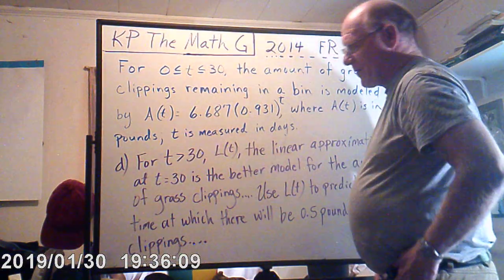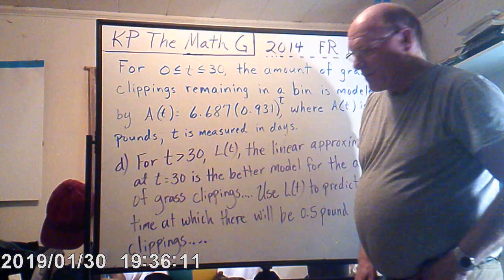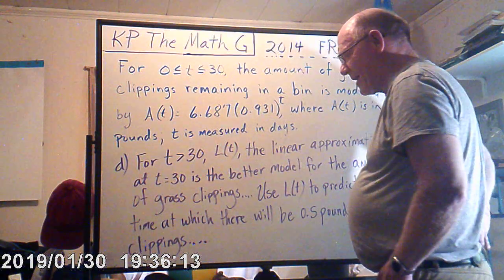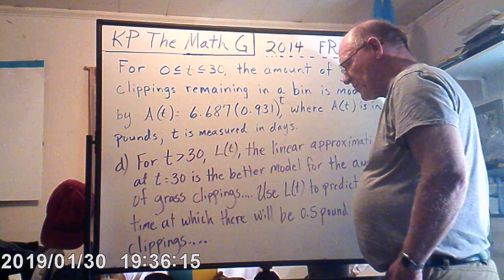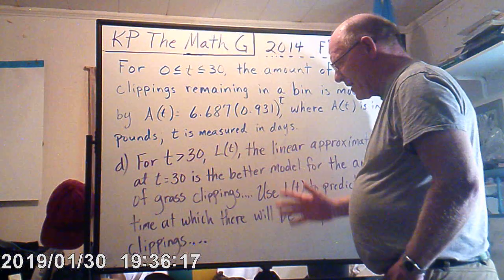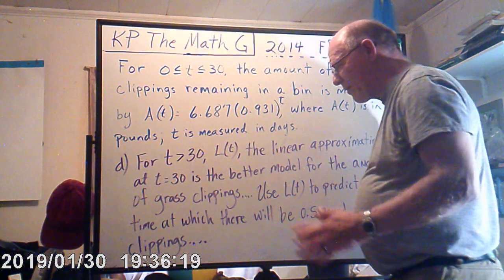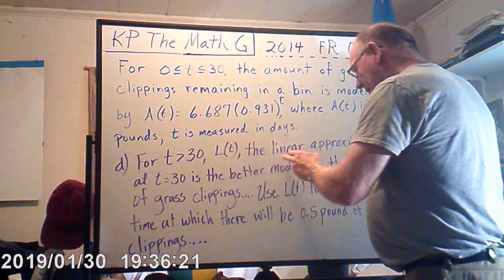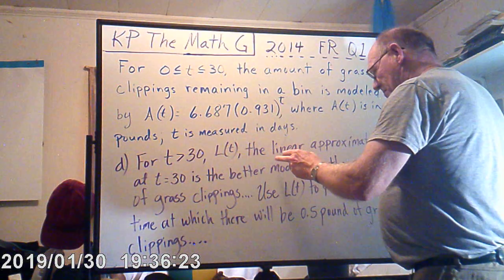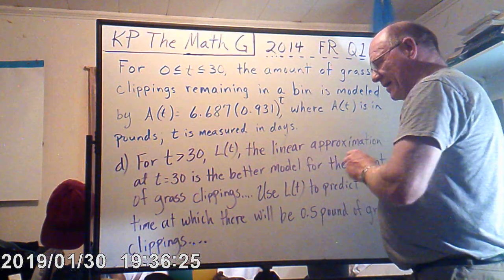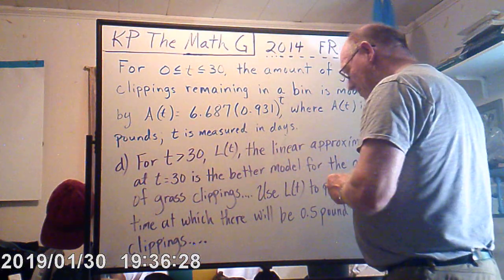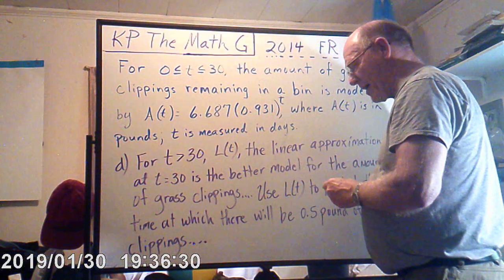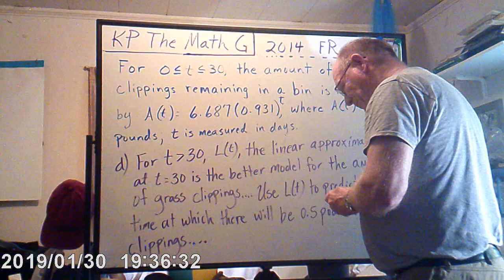The D part of this has to do with a linear equation. For t greater than 30, L(t), the linear approximation at t equals 30, is the better model for the amount of grass clippings in the bin.